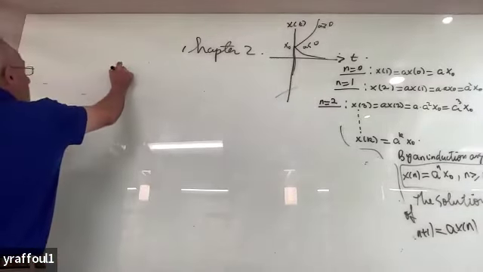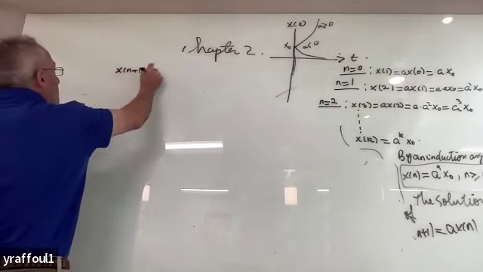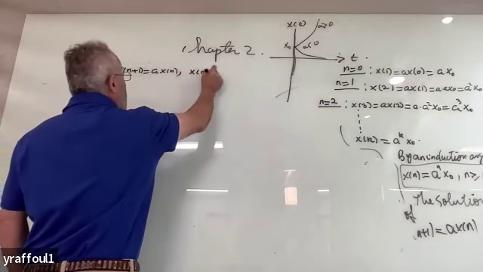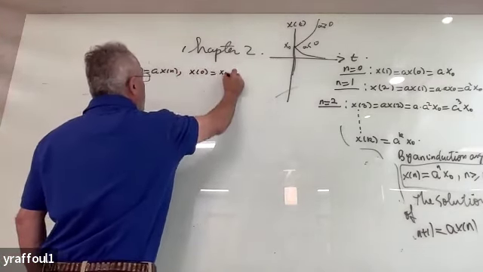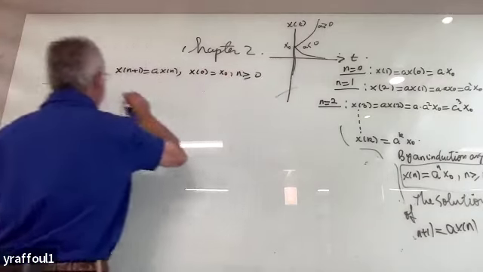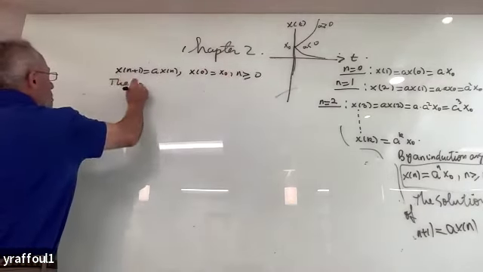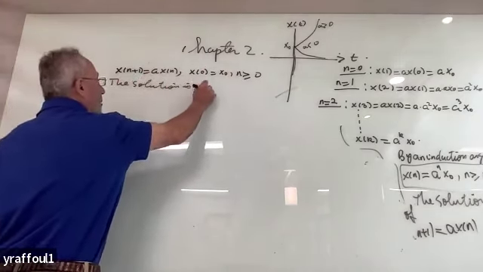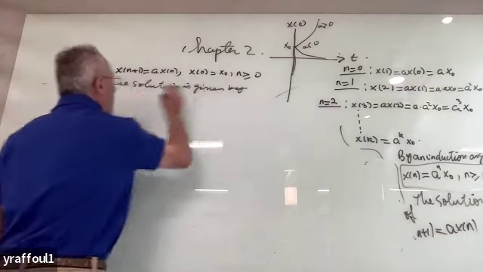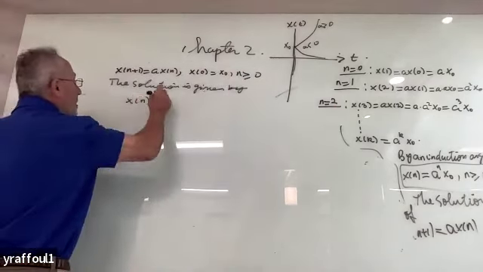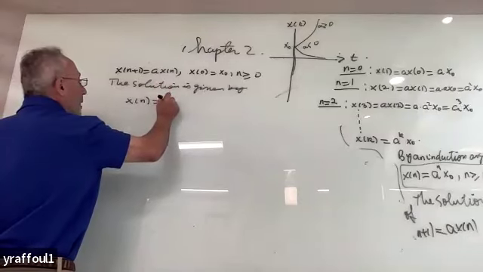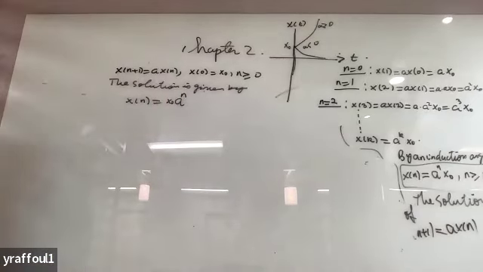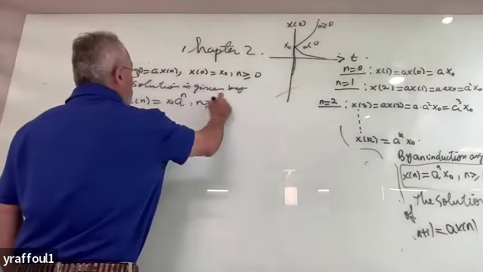Okay, for our case, x_{n+1} equal a x_n, and x of 0 equal to x_0, n bigger or equal to 0. And we notice the solution is given by x_n equal to x naught a to the power n, for n bigger or equal to 0.